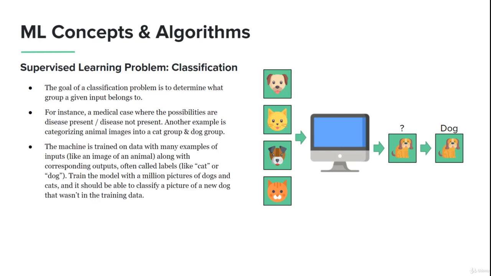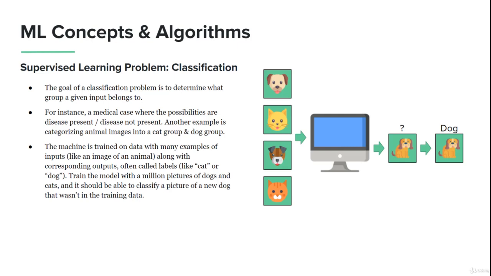And so the machine is trained on data with many examples of inputs, like the image of an animal, along with the corresponding output, often called labels, like a cat or a dog. So we train the model with 1 million or so pictures, a ton of images of dogs and cats. After that, it should be able to classify a picture of a new dog that wasn't in the training data. You notice on the right-hand side we have 2 different types of dogs and 2 different types of cats.